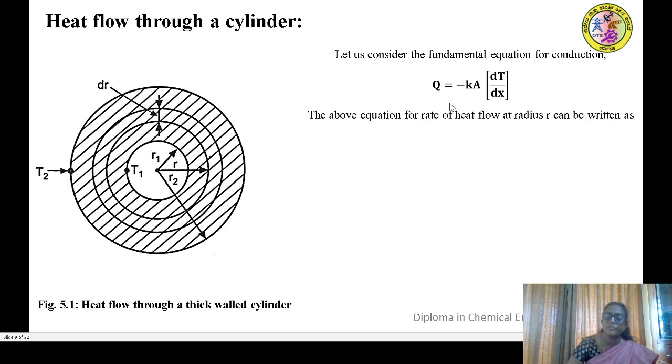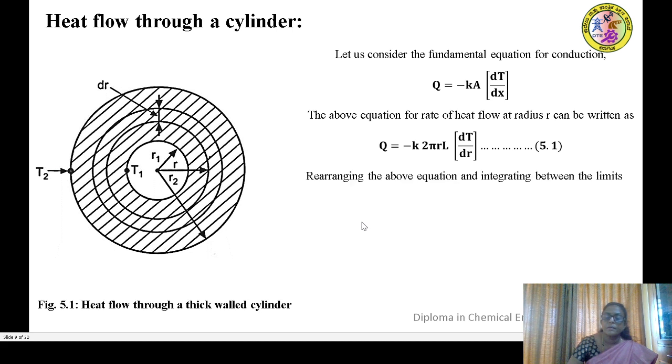The above equation for rate of heat flow at a radius r can be integrated as Q equals minus K, and A in this particular case becomes 2 pi rL, dT by dr. After you rearrange this equation, dr will get shifted to the left hand side, and Q will get shifted to the numerator of the right hand side.